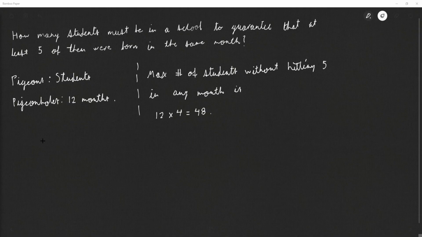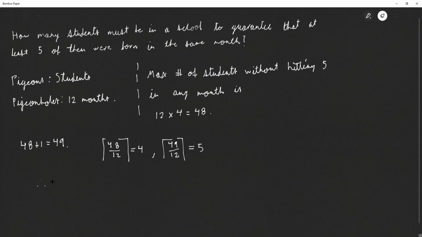Now, since this is our maximum, if we add 1 to it, which is 48 plus 1, to get 49, this means that at least 1 month must now have 5 students, which we can see because if we take again the ceiling of 48 over 12, that gives us 4. But now if you take the ceiling of 49 over 12, this will round up to 5, meaning that in one of the holes there has to be at least 5 students.